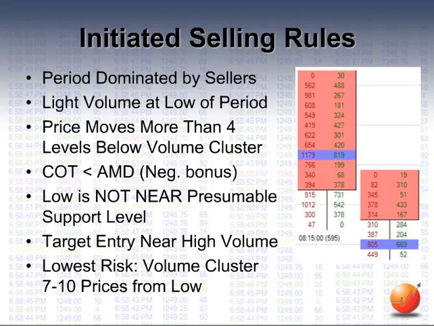Now the rules that we use when we're looking for a short opportunity from sellers initiating trade are these. We obviously have to have a period dominated by sellers. Okay? Now, whereas before we were very interested in having light volume above us because we were trying to go long and essentially didn't want anything to be difficult to trade through, you can imagine here the last thing that we want is heavy trade down below us.